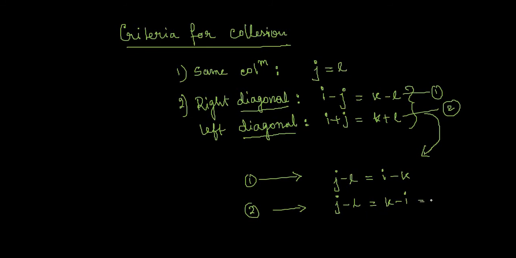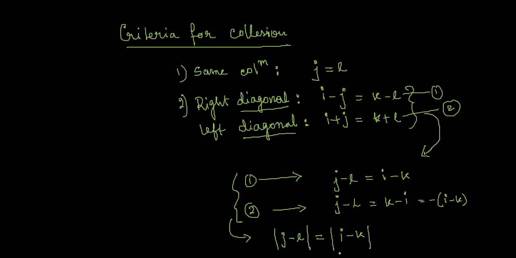So that means I can also say it is equal to minus of i minus k. Now see, the sign is not important over here. Rather, what is important is whether they are numerically equal or not, right? That means you can merge these two equations into a single form. You can say that the mod value of j minus l can be equal to the mod value of i minus k.